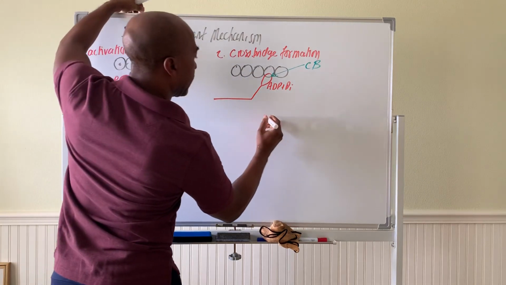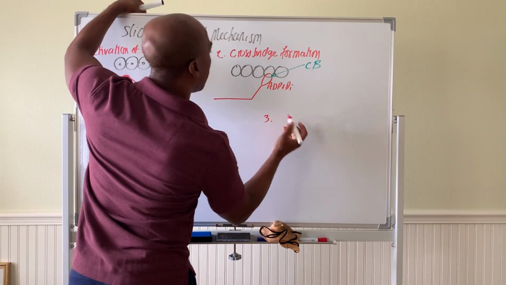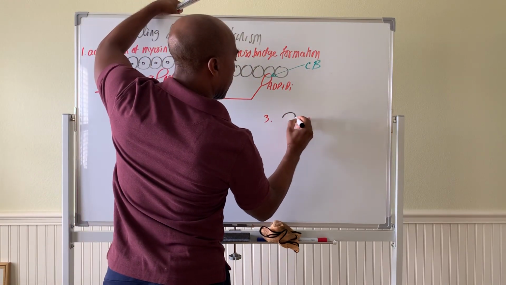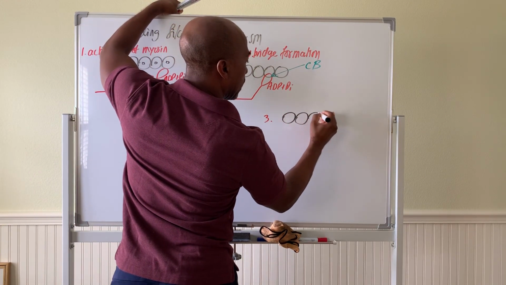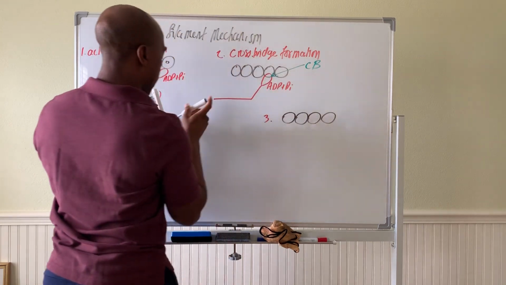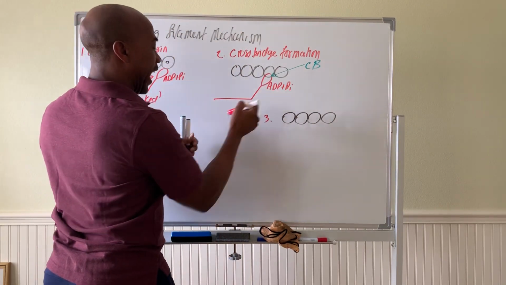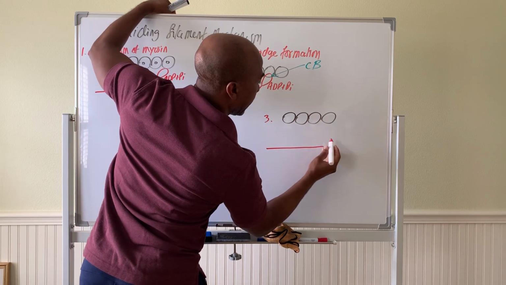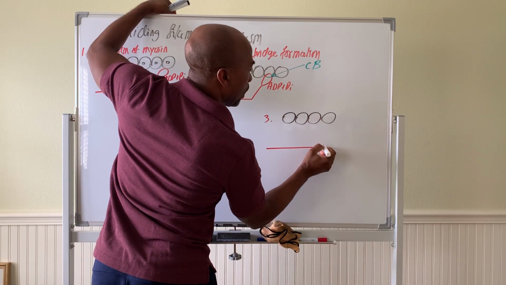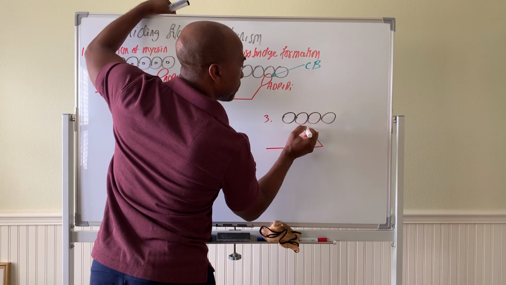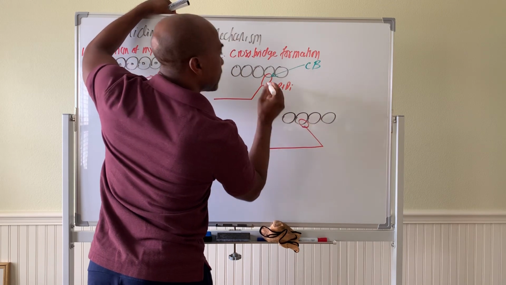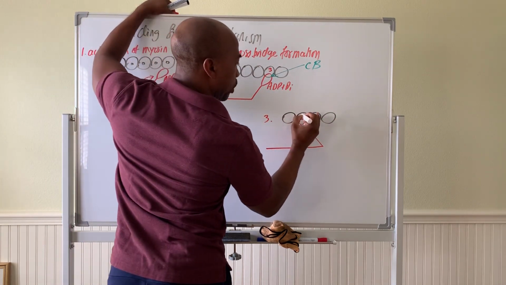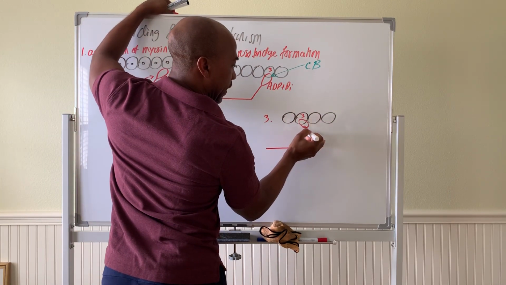In step 3, the myosin that's there will release the ADP and Pi. And when it releases the ADP and Pi, it will move inward this way. So imagine that this is the actin. So now it's being pulled this way.